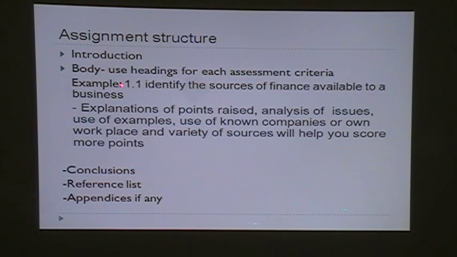The next part is the body of your work, which includes the use of assessment criteria. For example, assessment criteria 1.1, identify the sources of finance available to a business. All you need to do here is to explain every piece of information relating to assessment criteria 1.1 by giving examples, analyzing issues, and using your own place of work or case studies to support your work.